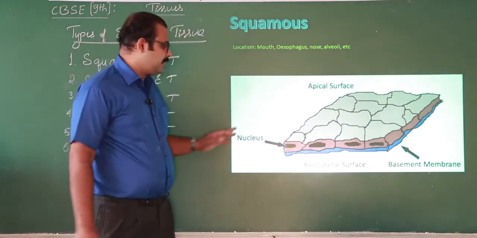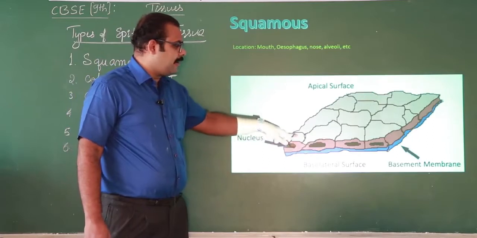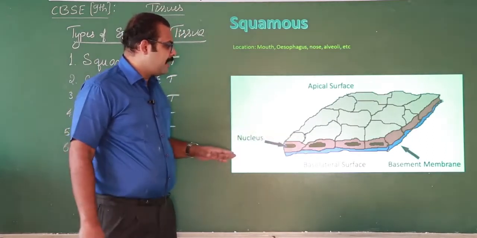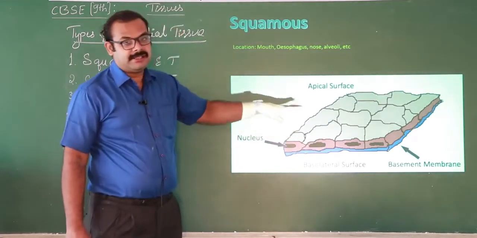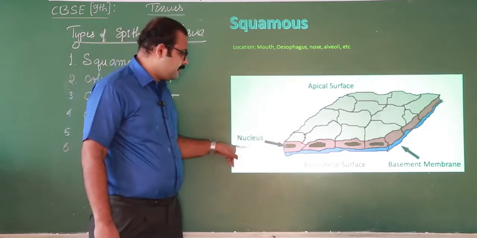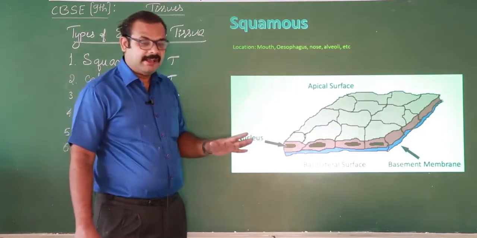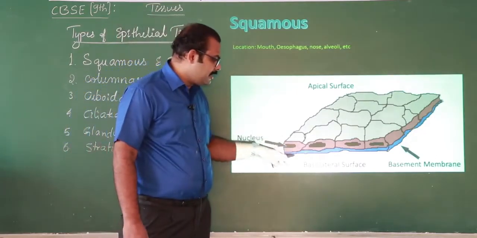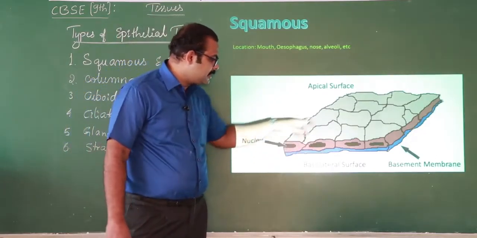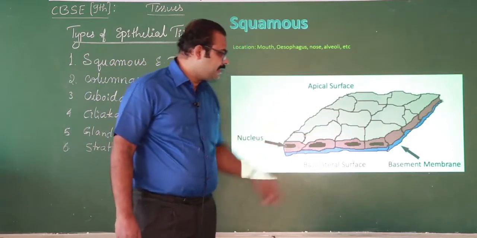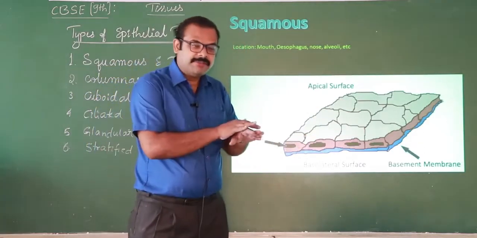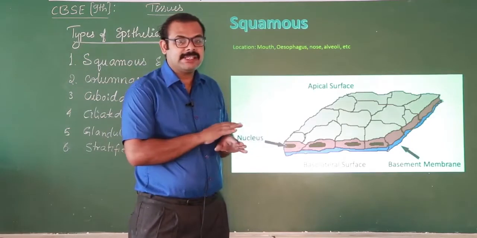If you observe, the cells are closely and compactly arranged and do not contain any intercellular spaces. They have a large central nucleus with plenty of cytoplasm, and here you see the basement membrane, and the upper surface is the epithelial tissue, which forms a thin surface, just like a sheet.